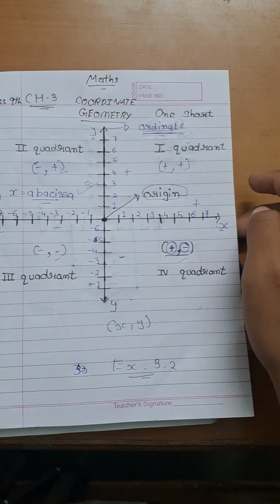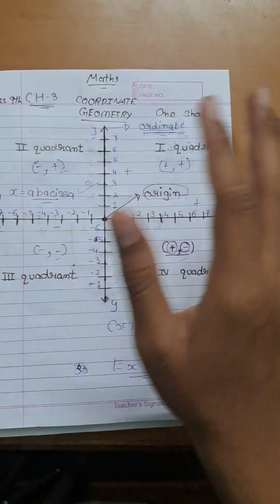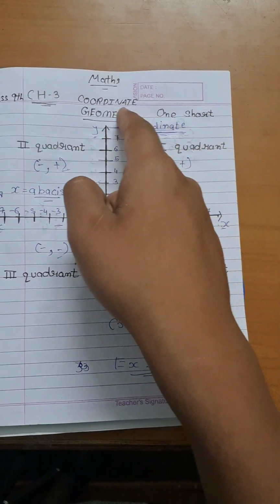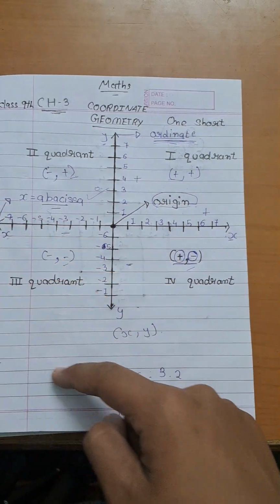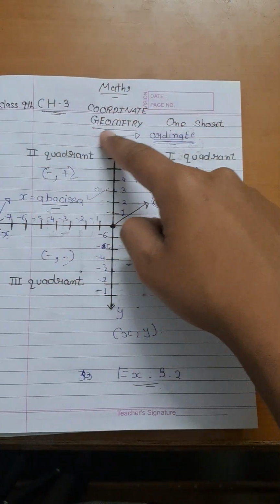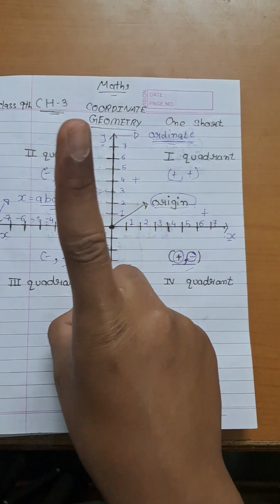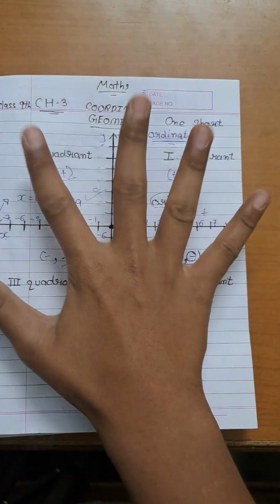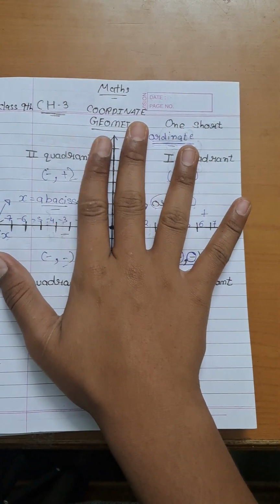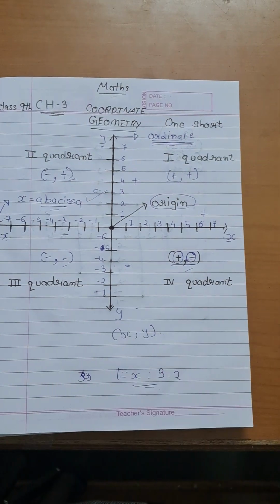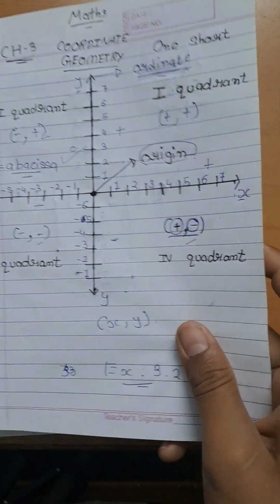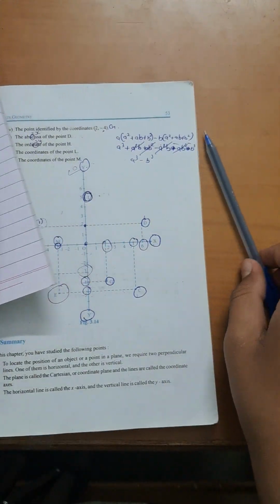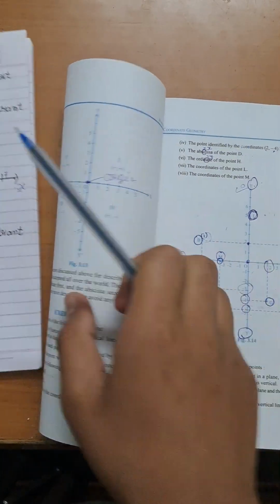The chapter is 7 to 8 pages and I have put the introduction of this graph in only one page. All the things I have put over here. So here is our chapter number 3, coordinate geometry.